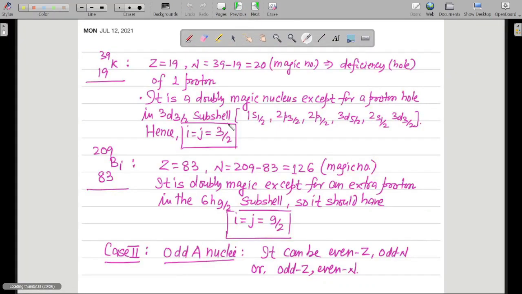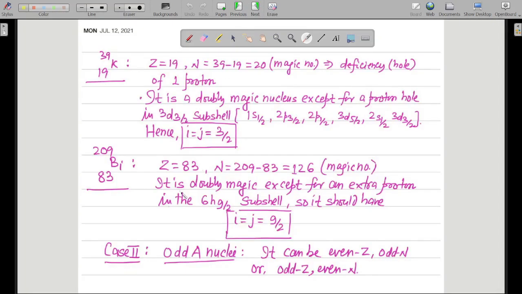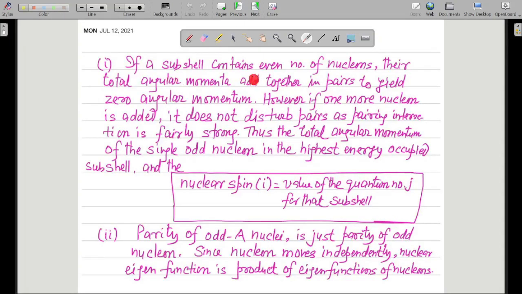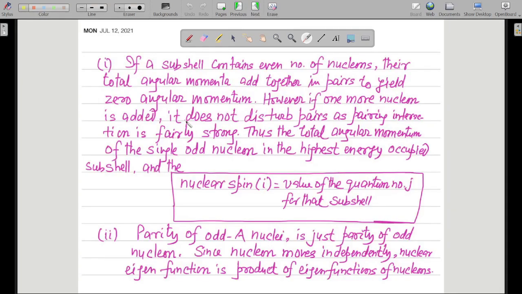So still we haven't moved to this particular case. Point number 1 has been written, that what happens if this is even, it is written over here, okay. And an odd situation arises when the number is one more than an even number.